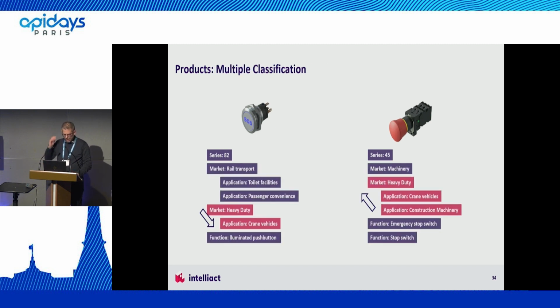So there is some metadata, as I said before, on all these products. It's the series, it's the market, it's the application, it's the market application structure, it's the functions they're in.